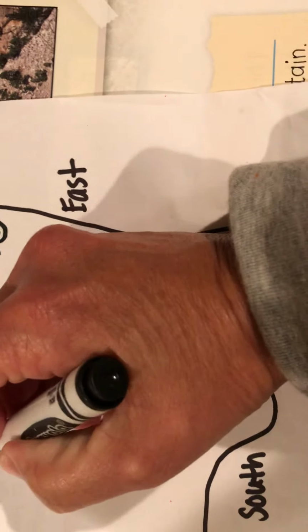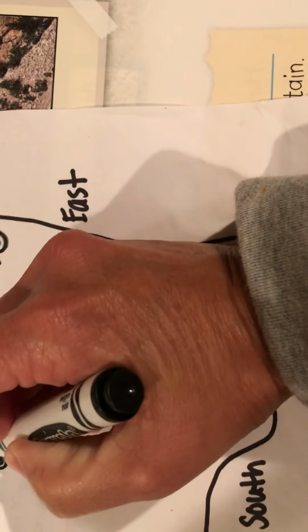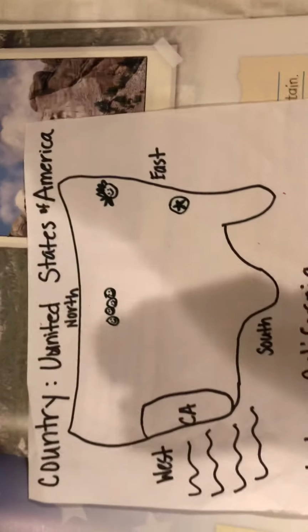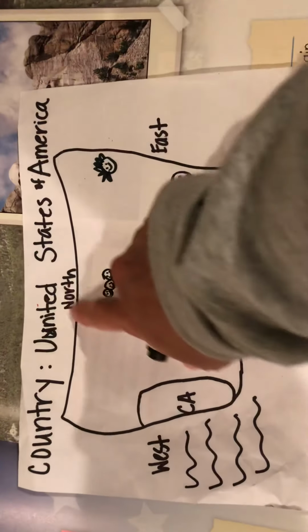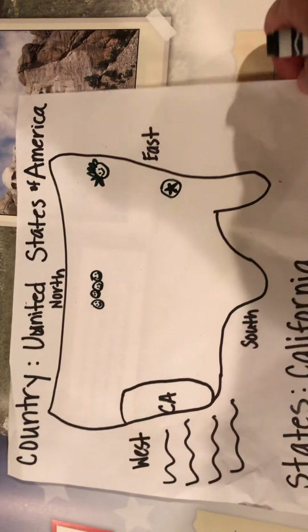So we're going to put 1, 2, 3, 4 faces. This is where you can find Mount Rushmore. It's in the northern part of our country, and it's in a place called South Dakota. I've never been there. That's on my list to go see.